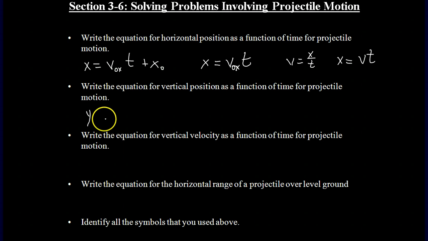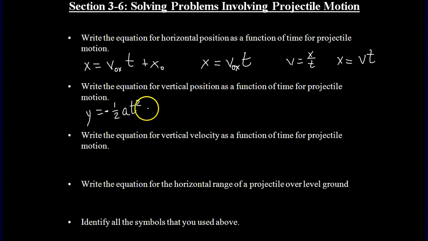Many times we'll change this x to a y, okay, and we'll use 1/2 at squared. And many times it's going to be a negative now, because the acceleration is in the downward direction.